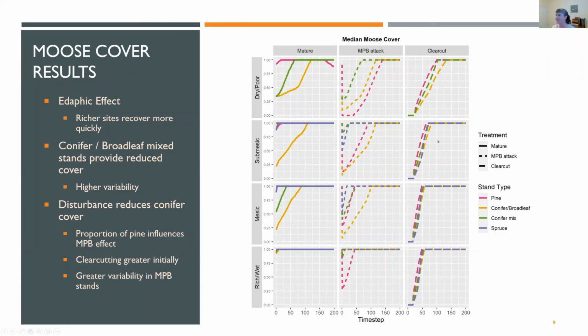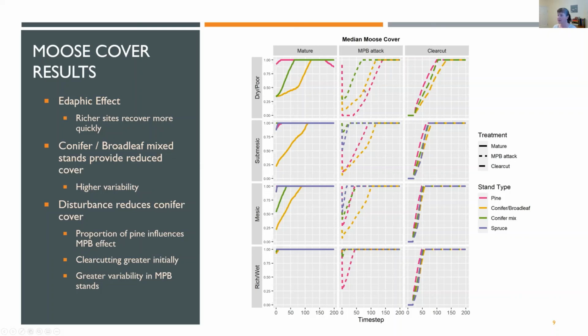Yeah. Okay, thanks. So yes, the richer sites, the time that it takes for the cover to recover is quicker than on your poorer sites, as you'd expect. The stands grow much slower on the poorer sites.